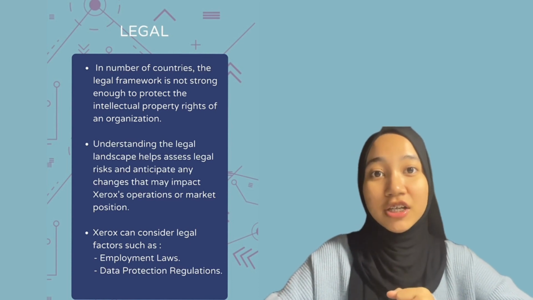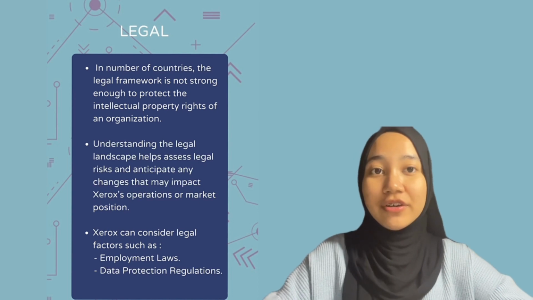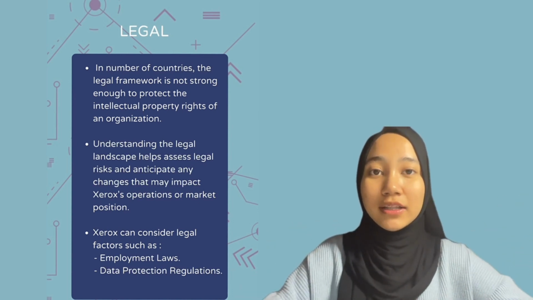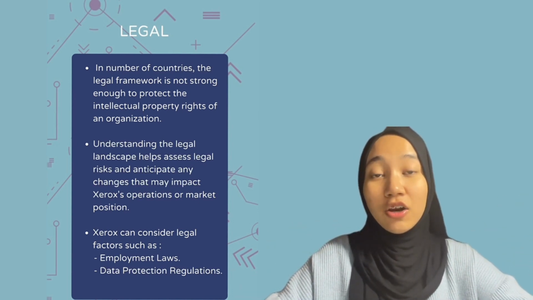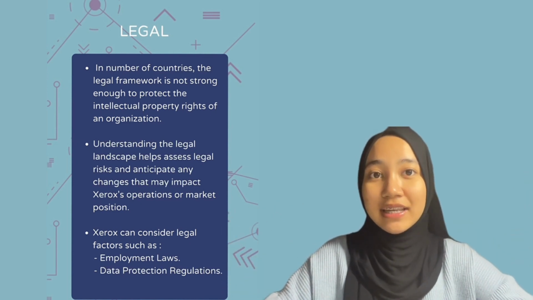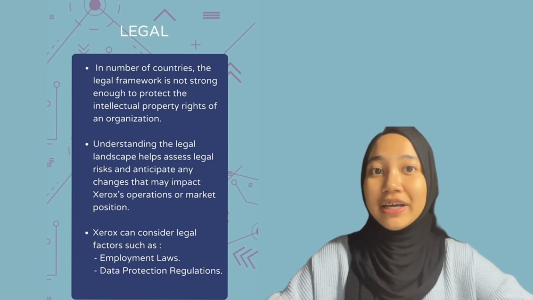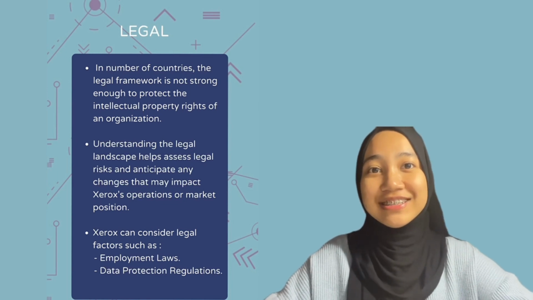For consumer protection laws, as an example, Xerox needs to study data protection regulation to protect the customers' data. Moreover, there are laws to set the maximum price, ensure a certain quality standard, and protect consumers from fraudulent market claims. Xerox must consider this factor to ensure compliance with consumer protection laws.